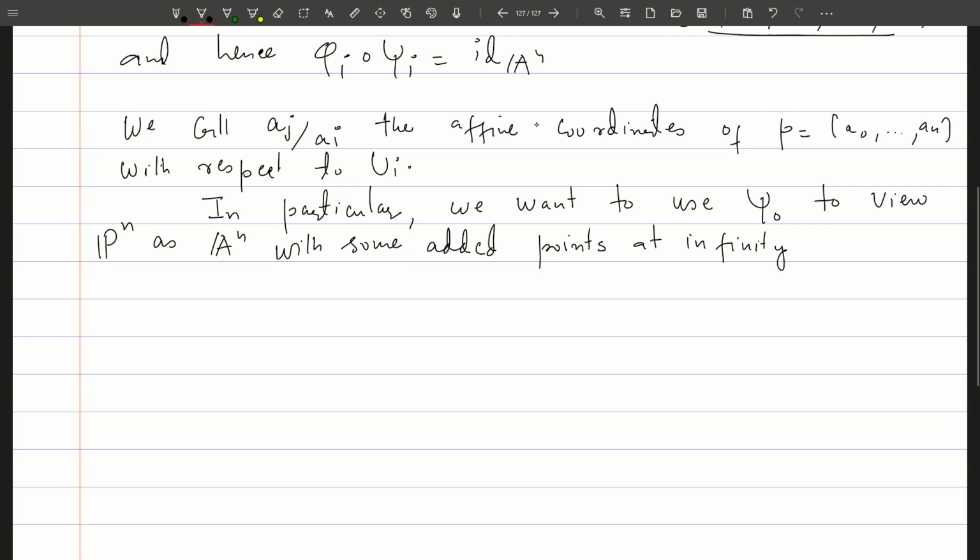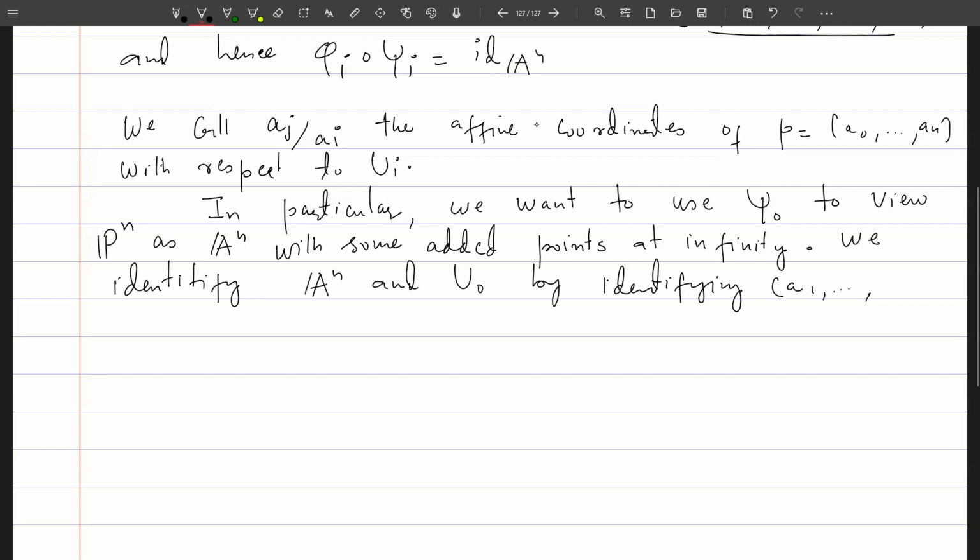So actually we identify An with u0 by identifying the n tuple a1 through an, which is in the affine n space, with the point 1, a1 through an, which is in the set u0.